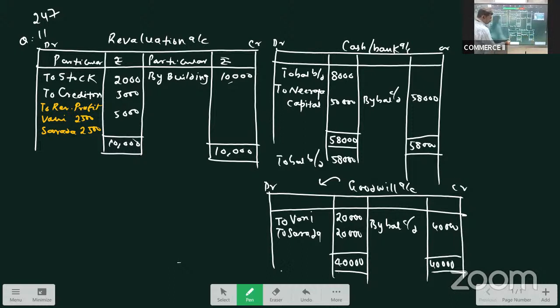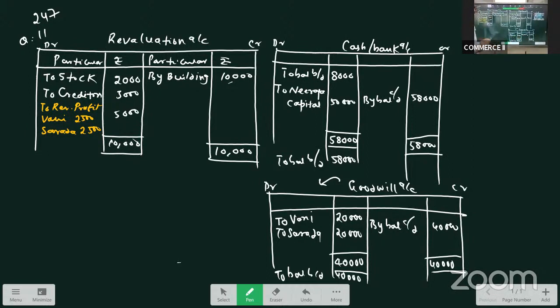And this balance we again have to show in the balance sheet. Sir, in the last two methods, we were not showing goodwill in the balance sheet. Yes, because the goodwill account was getting closed by transferring to cash account. In all those problems, we were crediting the goodwill account with cash because goodwill was brought in cash, so we used to close it.